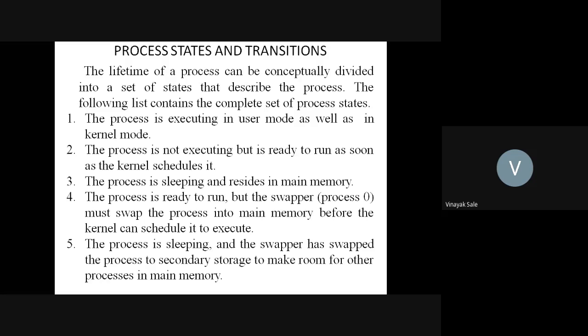So in the Unix system there are process states and transitions. The lifetime of a process can be conceptually divided into a set of states, such as newly born process, then ready to run, then executing process, or end of that process, terminated, or some processes going to sleeping or waiting state.